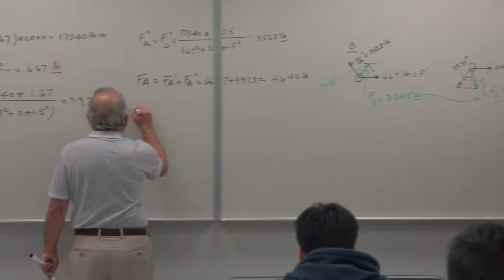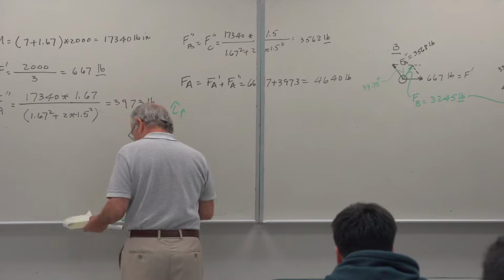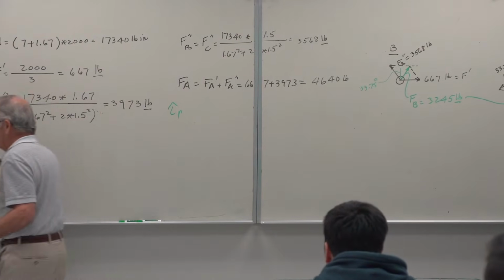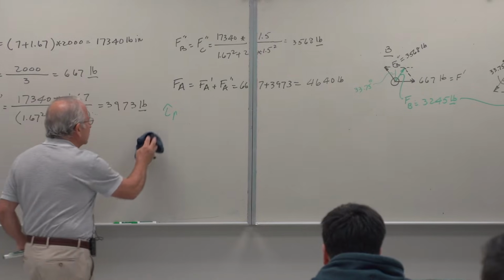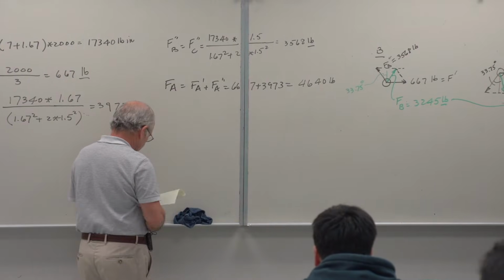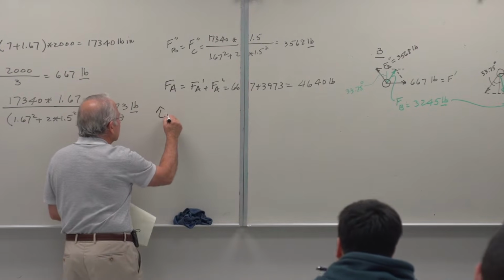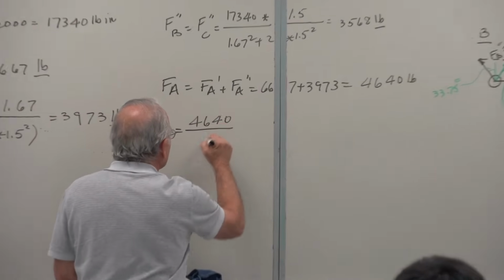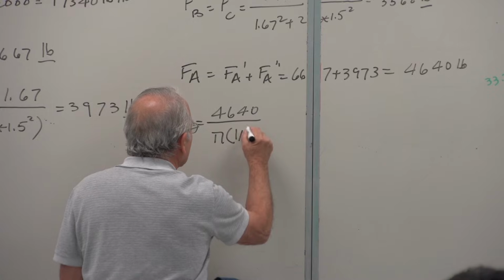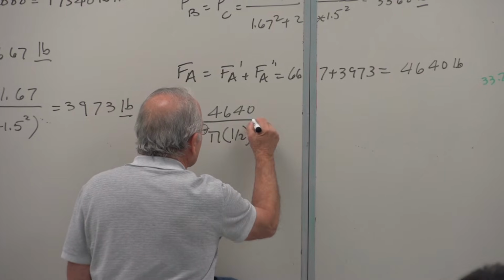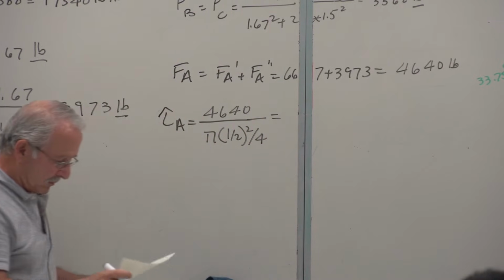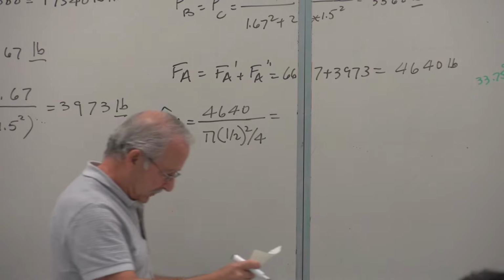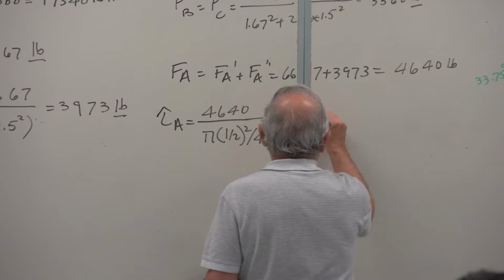To find the shear stress, you divide each of these by the cross-sectional area of the bolt. So tau A, let me write in black, is 4,640 divided by pi d squared over 4, for half-inch diameter bolts.